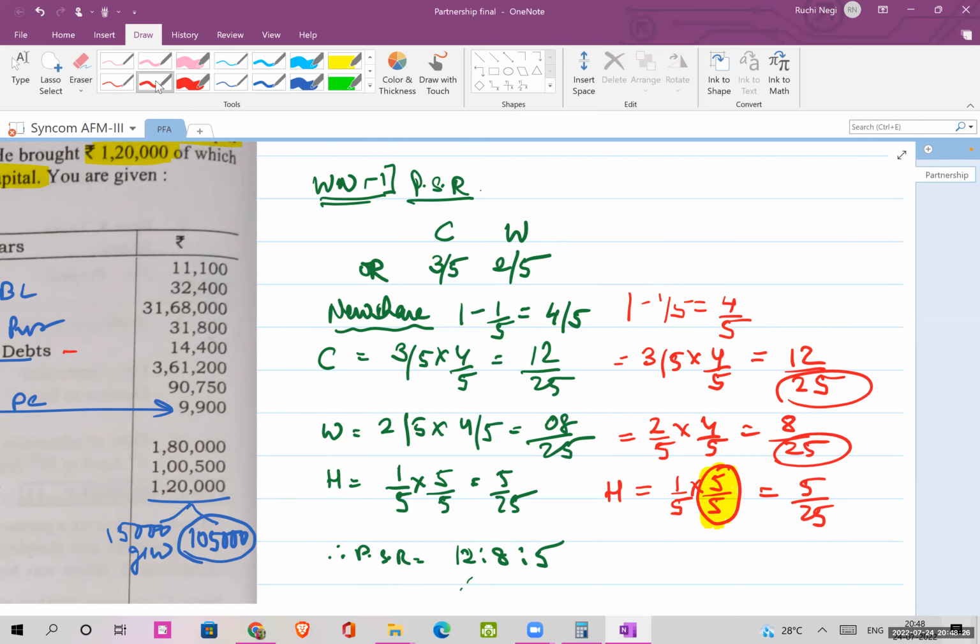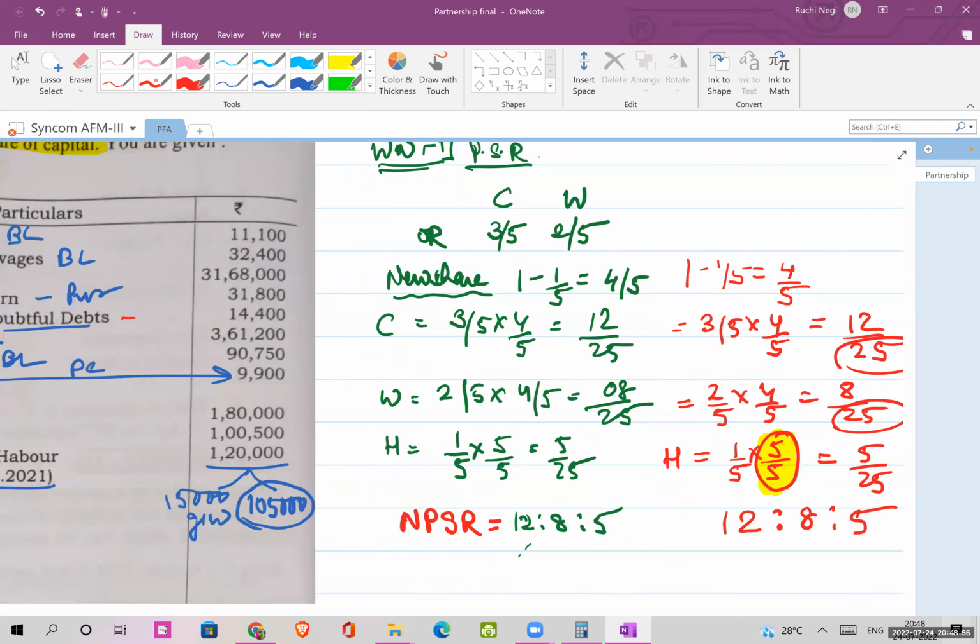So my new ratio becomes 12:8:5. Okay, so that's the concept. So we have got the old ratio and the new ratio, the new PSR. So you can even write your new profit sharing ratio is 12:8:5. Okay, so that's the whole idea of calculating the new profit sharing ratio.